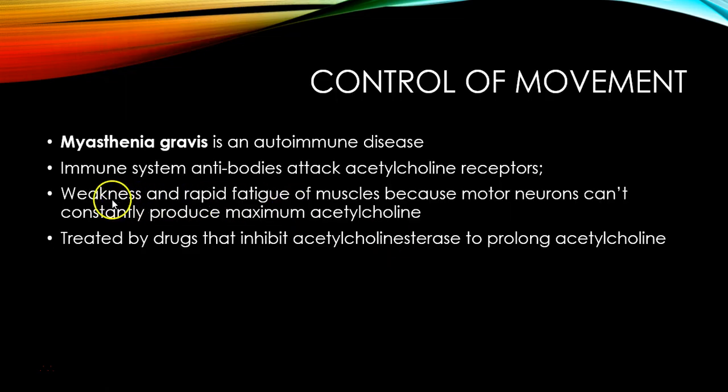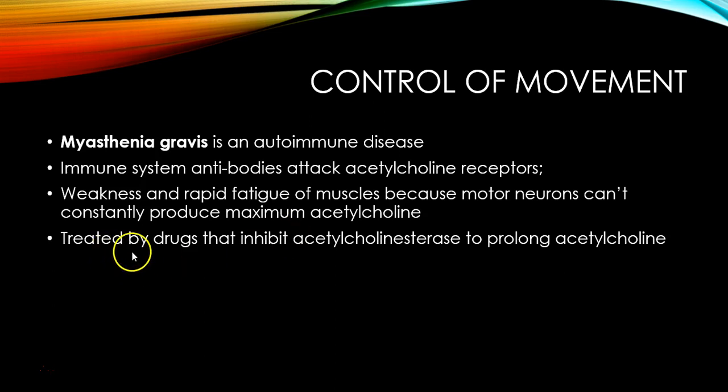And so what happens is that people get weak and rapid fatigue of muscles because the motor neurons can't produce their maximum level of acetylcholine, and acetylcholine isn't being used in an appropriate way.